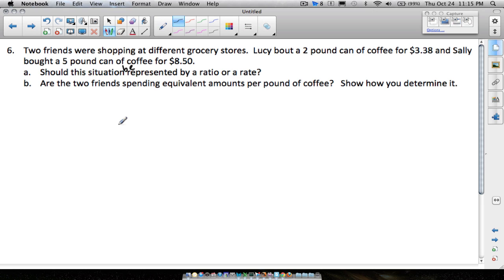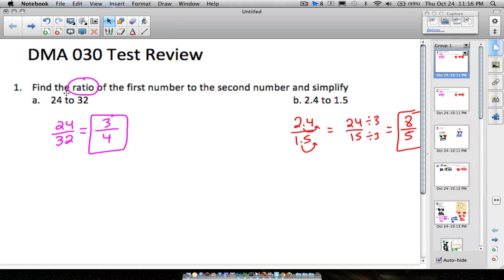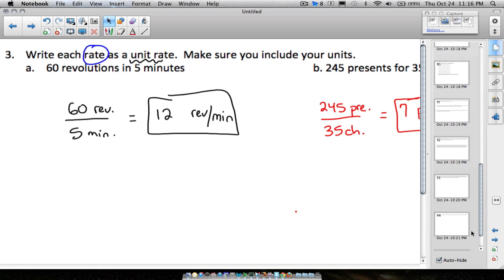Okay, I mentioned it earlier, way back at the very beginning, I think I circled something. Ratios compare units of the same measurement, whereas things like a rate compare two completely different units of measurement. Notice here, this rate, revolutions in minutes, two different types of things. So what should we do for this problem?